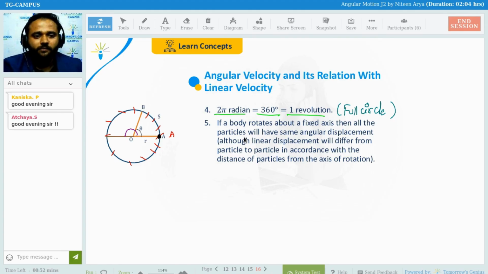This is a very important point because they never give you the angle directly. They give you in this terminology: 3 by 4 revolution, 3 by 2 revolution, and so on. So 1 by 4 of revolution, how much angle is it? Tell me.